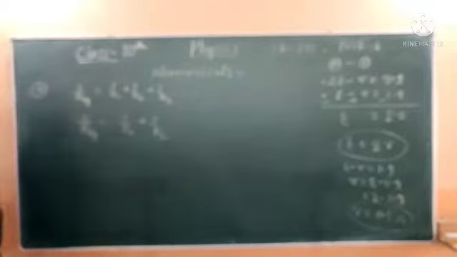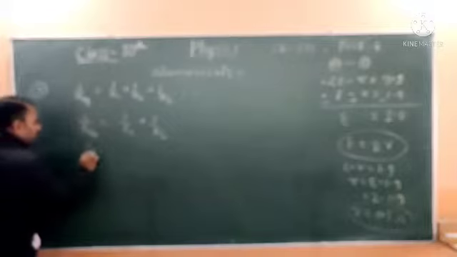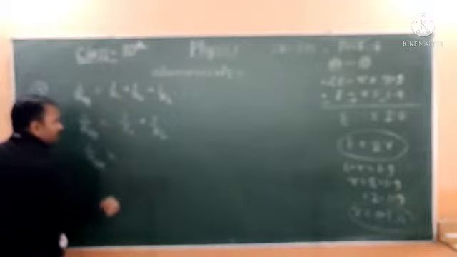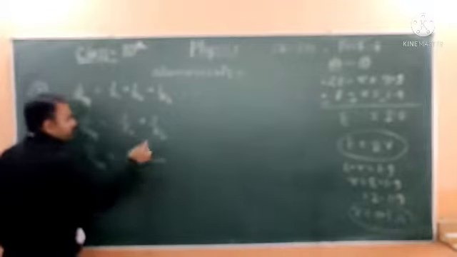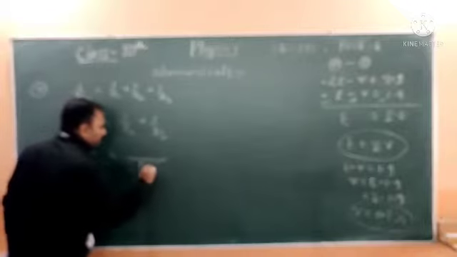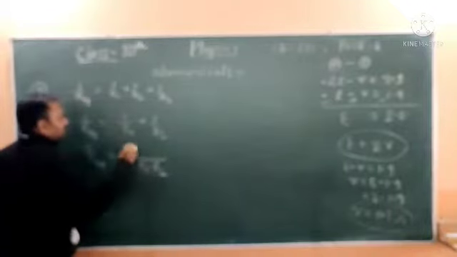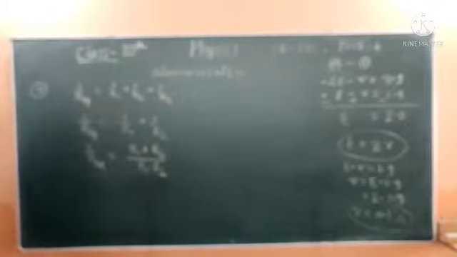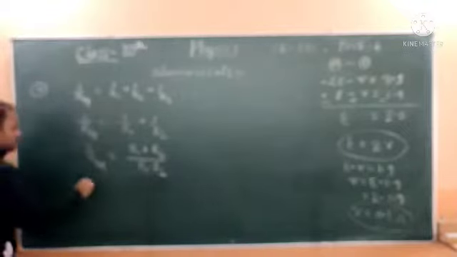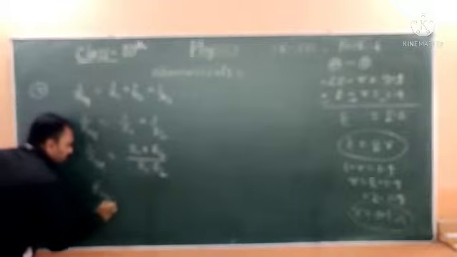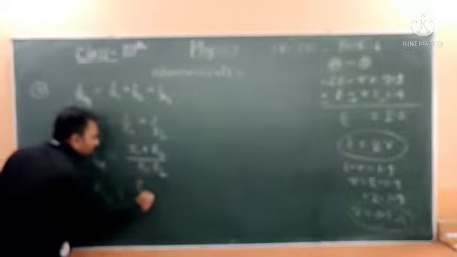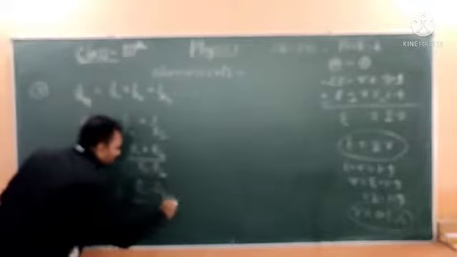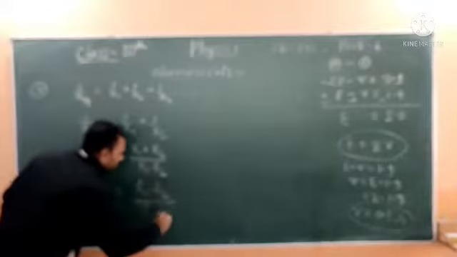The LCM will be r1 into r2, so the numerator is r1 plus r2. We will have to take the reciprocal of this for r equivalent. So r equivalent will be equal to r1 into r2 divided by r1 plus r2.